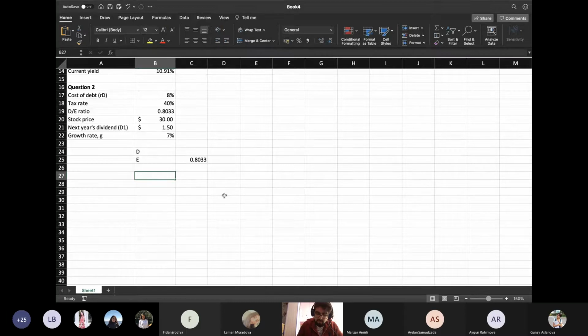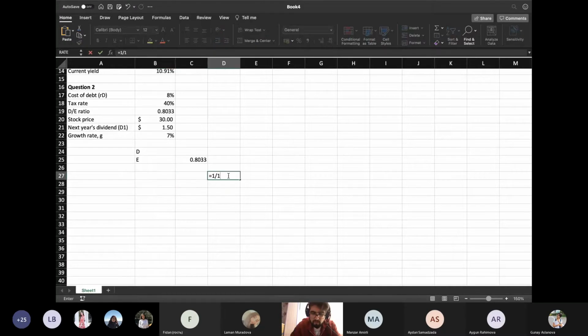Then we know that the sum of debt and equity should be equal to 1. So we substitute D: 0.8033 equity plus equity is equal to 1. Equity is equal to 1 over 1.8033. This is the equity weight.